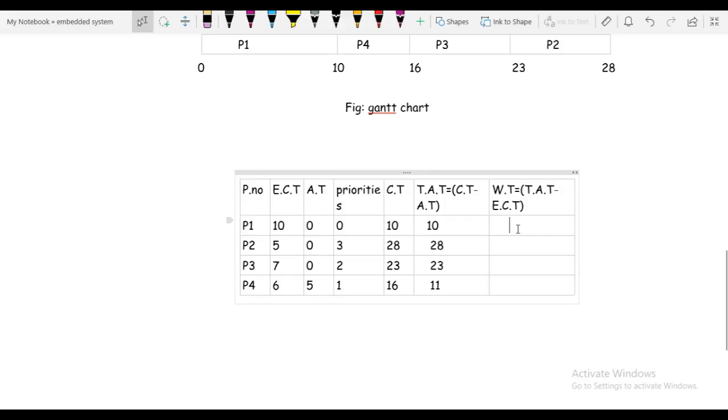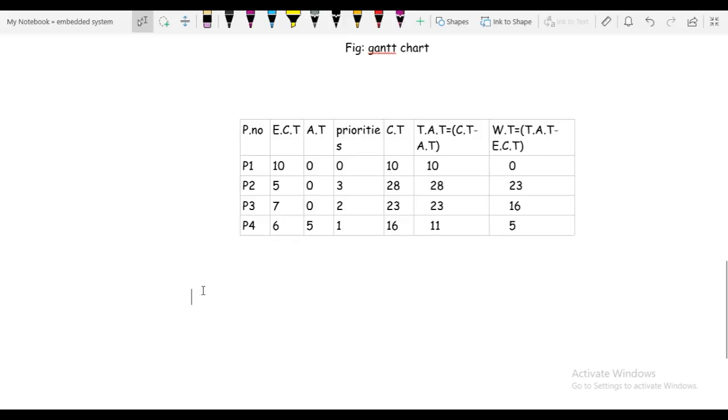Now see: turnaround time minus estimated completion time is 0 for P1, 28 minus 5, that is 23 for P2, 23 minus 7 will give you 16 for P3, and for P4 it's 11 minus 6, that is 5, right?